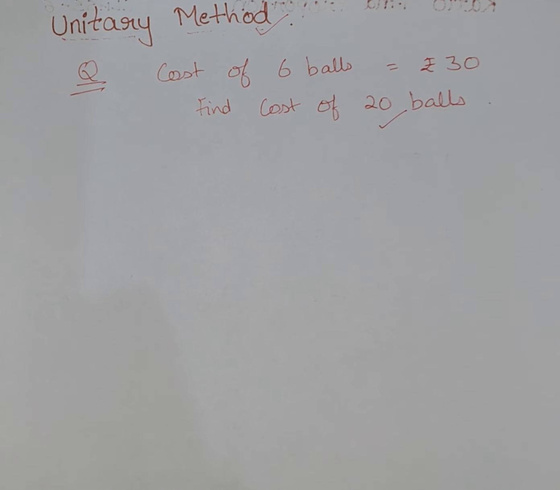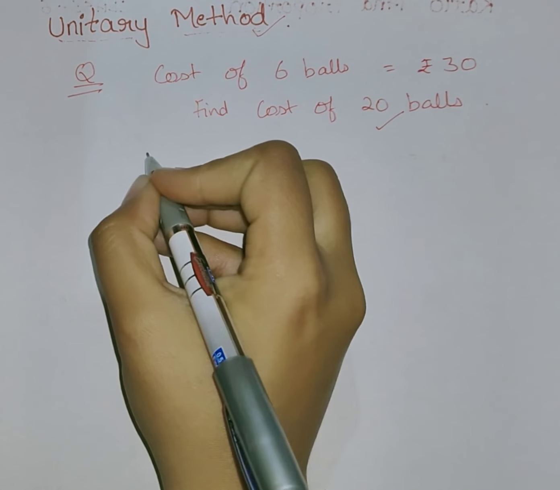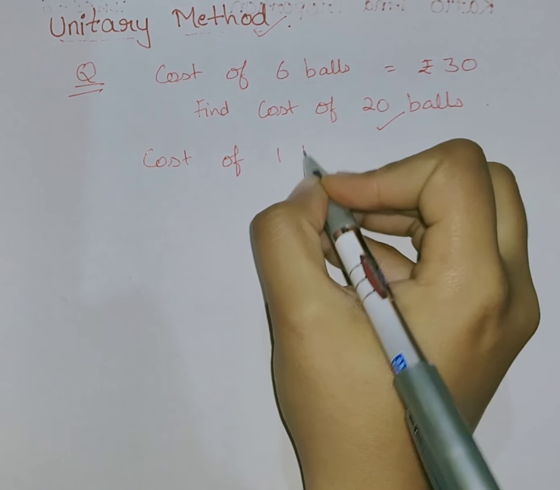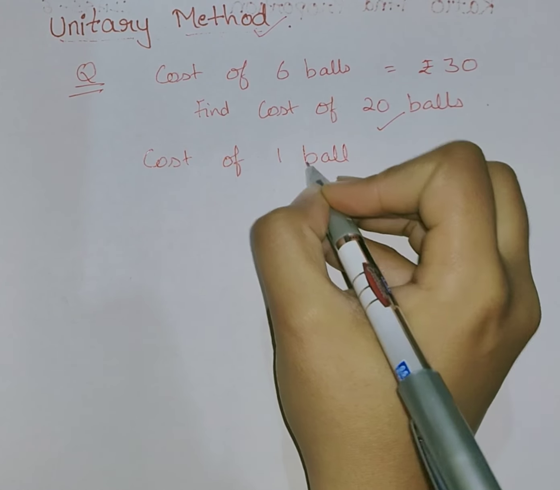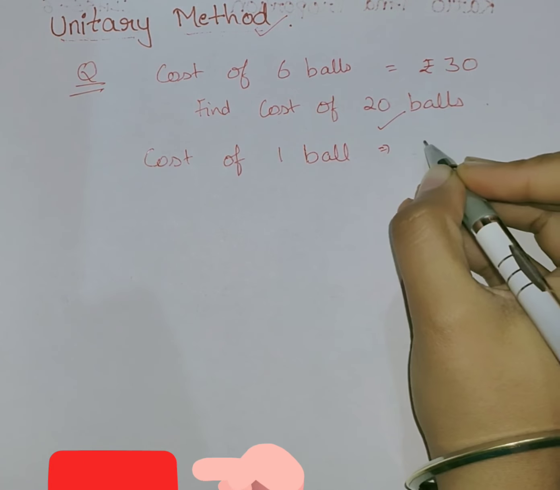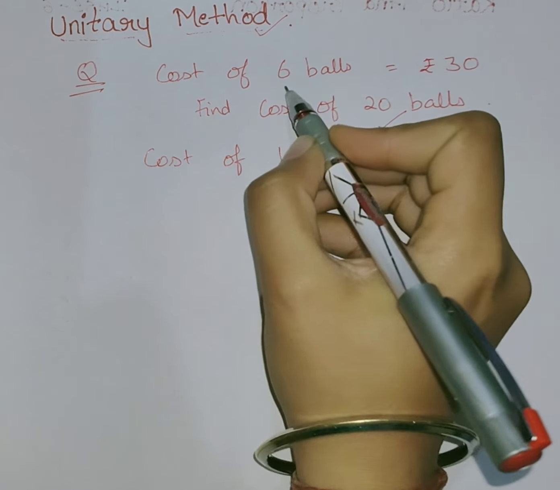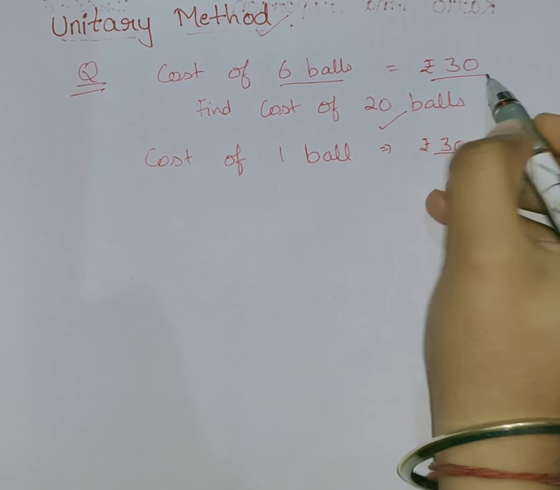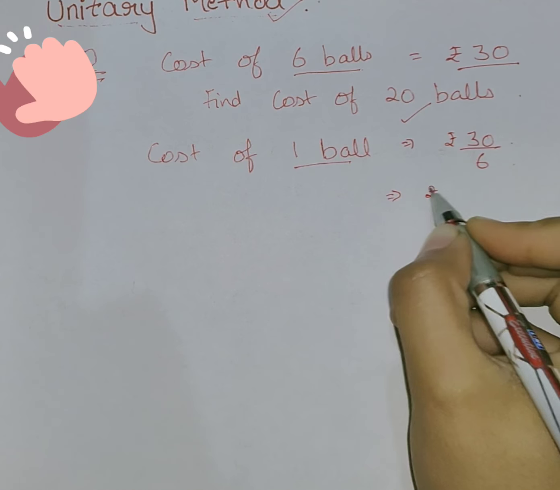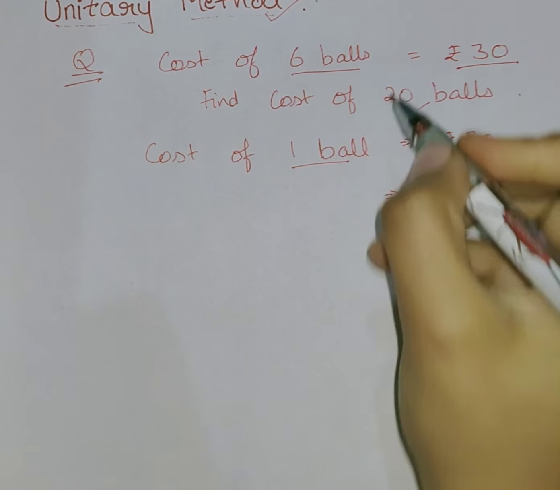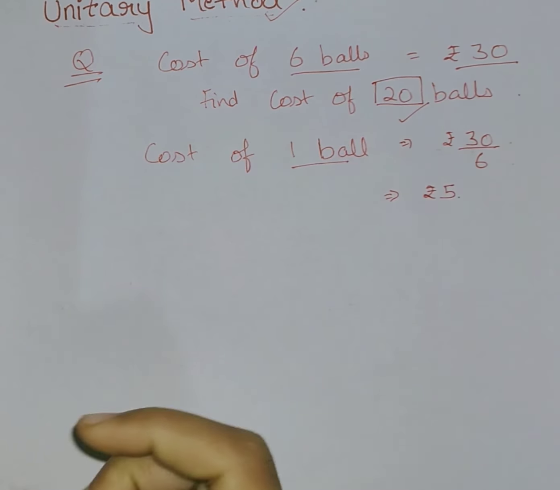What we do in the unitary method, we find out the cost of 1 unit. So 1 unit here is 1 ball. So the cost of 1 ball will be rupees 30 divided by 6, as the cost of 6 balls is 30, so 1 ball costs rupees 5. Now we have to find out the cost of 20 balls.